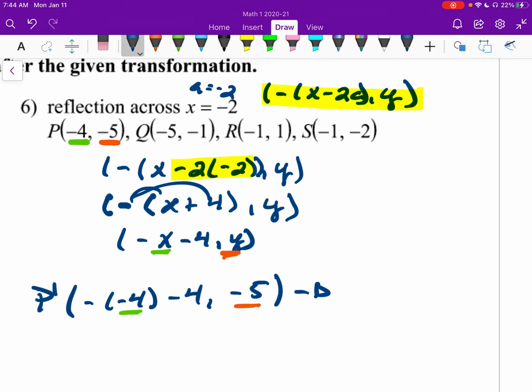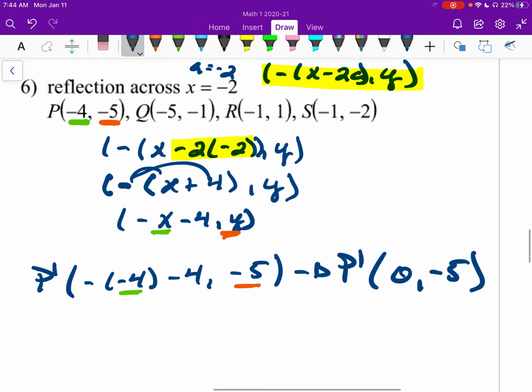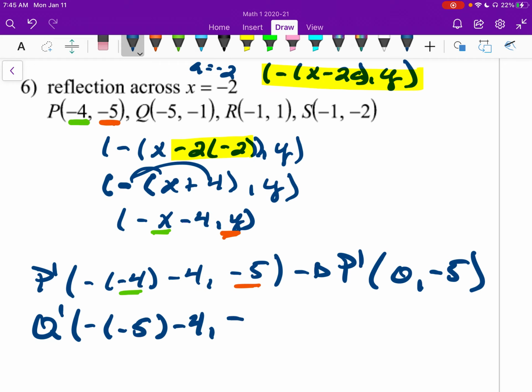So plugging in, negative 4 becomes 4, minus 4 will be 0. For Q prime, I'm going to have (-(-5) - 4, -1). So Q prime will be 5 minus 4, which is 1, and negative 1.